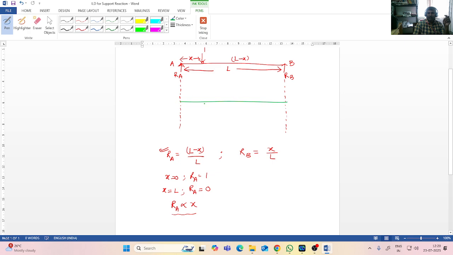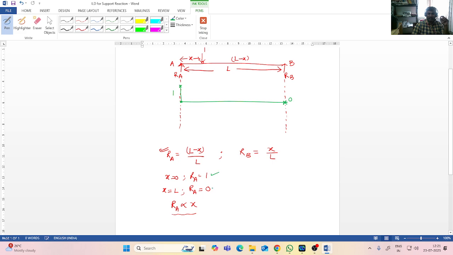Now I am plotting the reference line, that means the x-axis. At A, the reaction at A is 1, so I plot the RA value of 1 here. When x is equal to L, at this point, RA is equal to 0. So I plotted 1 and 0.